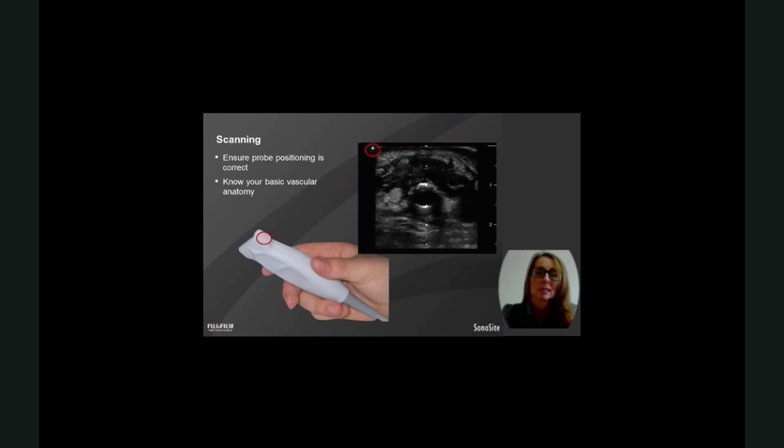The trick is that if you pop the probe onto the arm or wherever you're scanning, if you move the probe left, the image should move to the right. If you move the probe to the right, the image should move to the left. So in this particular case, we can see a vessel in the middle there. If you move the probe to the right, the vessel would move to the left in your image.